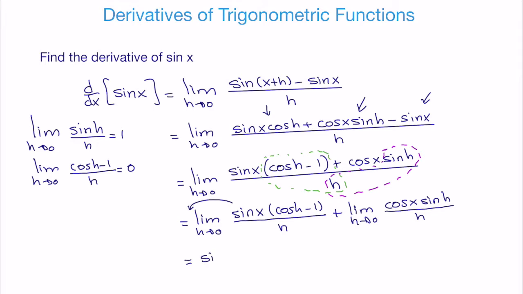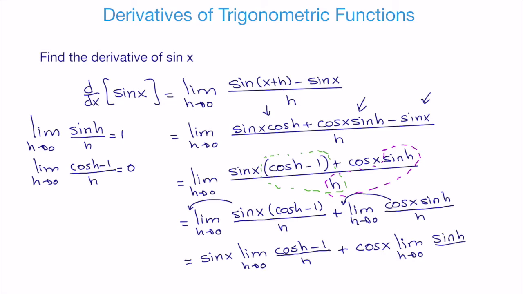We get sine x times the limit as h approaches 0, and you see we have our little block right here. Plus, the same thing happens here. Cosine x is a constant for the limit, and we can pull it to the front. We get cosine x times the limit as h approaches 0, and my nice block is here.